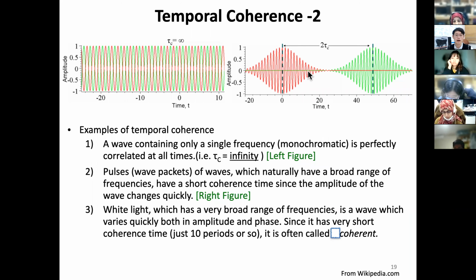Now what about white light, like sunlight, which has a very broad range of frequencies? You know the rainbow colors of sunlight, which vary quickly both in amplitude and phase, because a bunch of different colors and different phases are mixed together. In that case, it has a very, very short coherence time, maybe 10 periods or so.